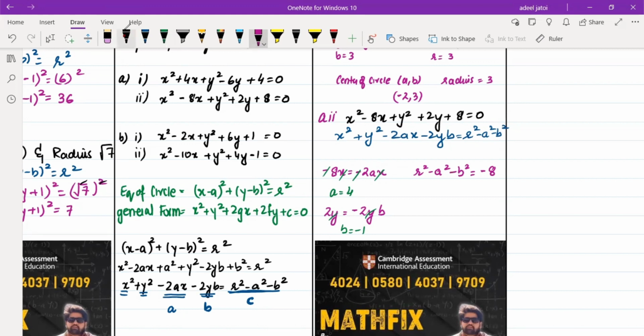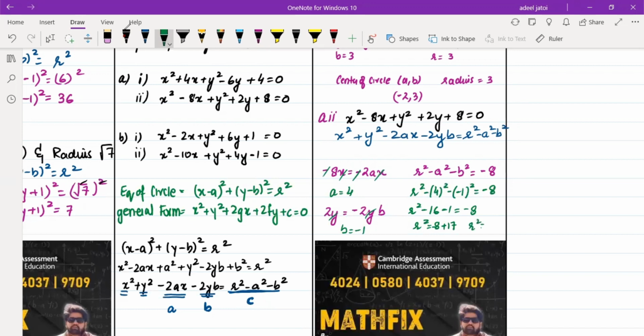So now if we solve this, r square minus a square, which is 16, minus b square, which is 1, is equal to minus 8. So r square is equal to 8 plus 17 minus 8 plus 17.